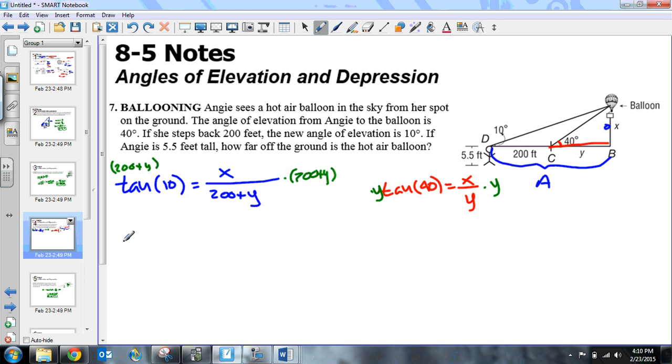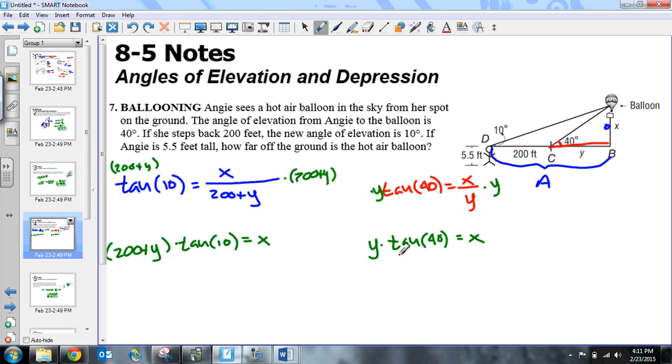So I end up getting 200 plus y times tangent of 10. Remember, tangent of 10 is a number, and I'm going to treat it like a number. This is equal to x. I also get that y times tangent of 40, again a number, is equal to x.